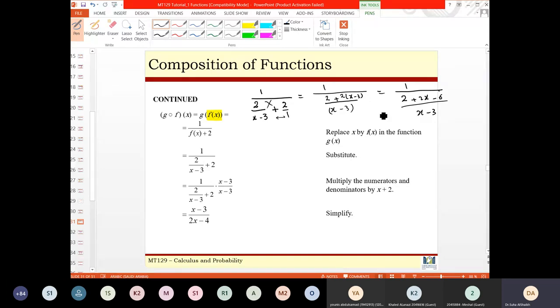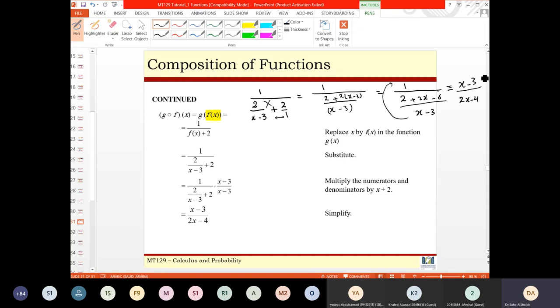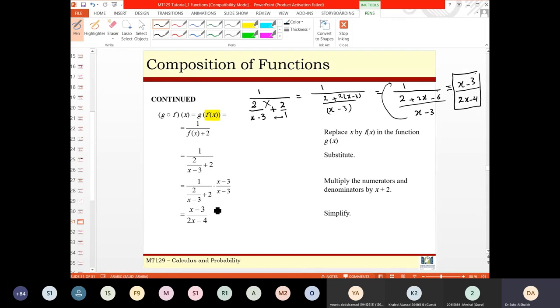It will go up. So x minus 3 will come up. This will be x minus 3 على, this one is minus 4 على 2x minus 4. And this is the answer. Two different ways: إما إن احنا نضرب البسط والمقام ب x minus 3 this way أو نوحد المقامات للبottom. You got it? Have a look if you have a question.